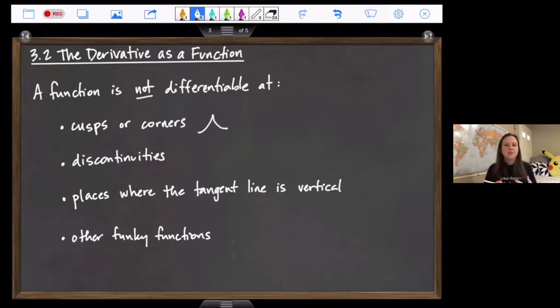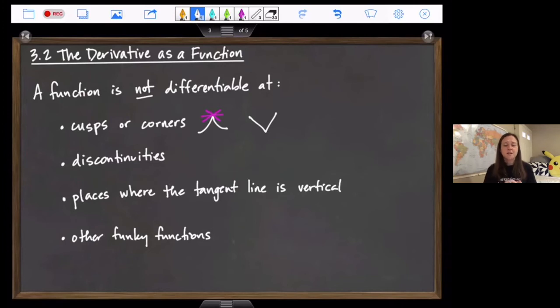And you can imagine that the derivative doesn't exist at that point, because if you try to draw the tangent line, you could draw this tangent line, you could draw this tangent line. There's kind of an infinite number of tangent lines at that point. So there's no one output for that input at the cusp. Likewise, if we had the absolute value graph, that one is not going to have a tangent line at that point at the bottom.